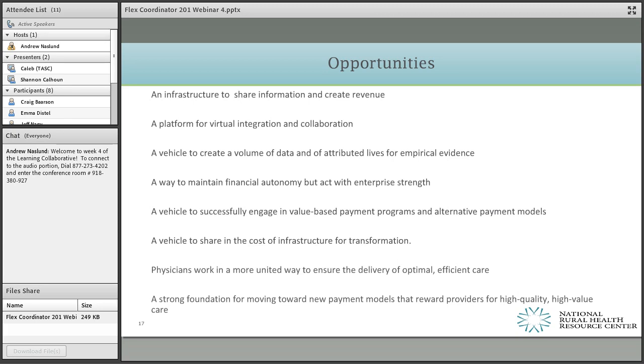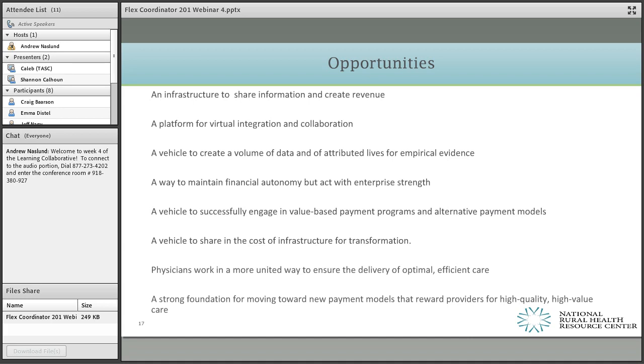A couple of other sidebar opportunities: once physicians buy into this and understand the value of it, it gives them the opportunity, with the information and the legal protections, to ensure the delivery of optimal, efficient care. They have the data and the ability to have conversations with other physicians that might be competing or outside their tax ID numbers, about information they could not discuss before.